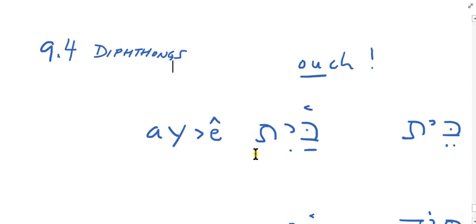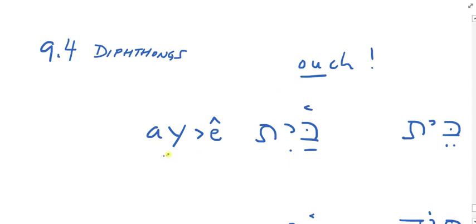In Ross 9.4, we come to the matter of diphthongs. Diphthongs are situations in a language where two sounds come together. For example, in the word ouch in English, we have the ah and the oo sound coming together, ow, ow, and ouch. So it's a kind of combination sound that two vowel sounds will come together and make, or a consonant with a semi-vowel.